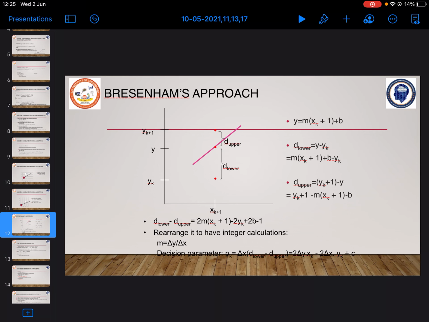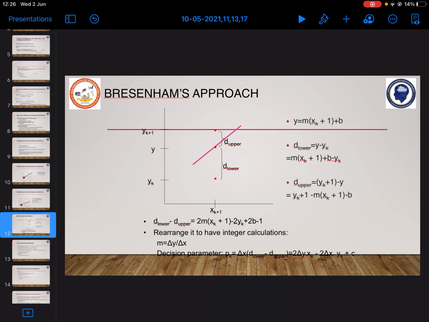The algorithm uses a displacement measure, pk. pk is the decision variable used to find out whether to choose the lower pixel position or the upper pixel position.